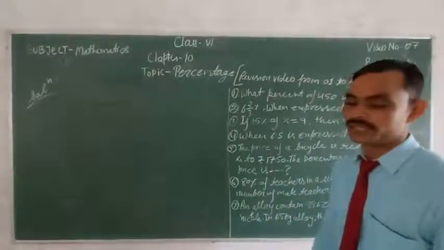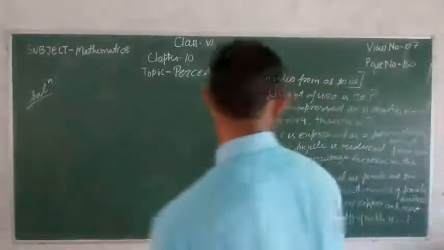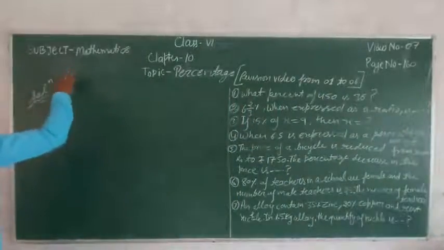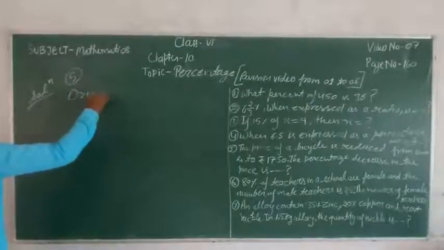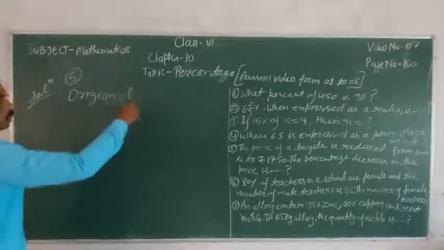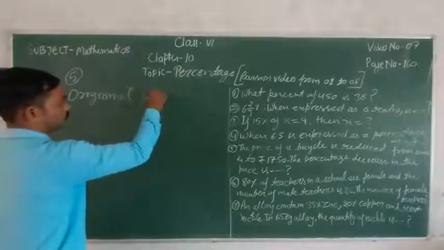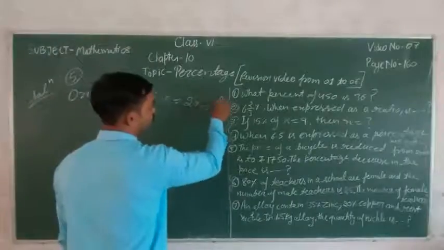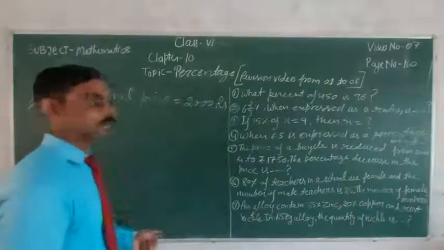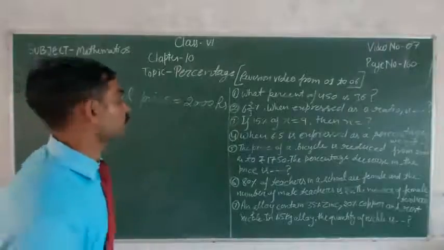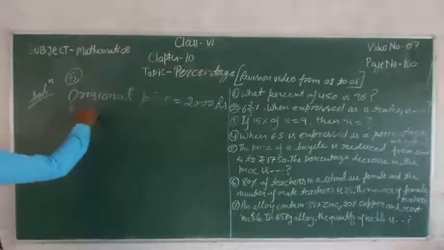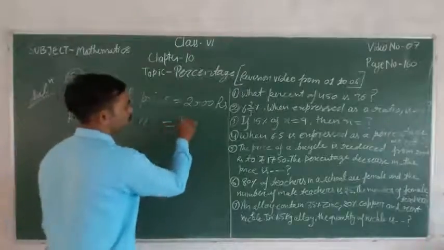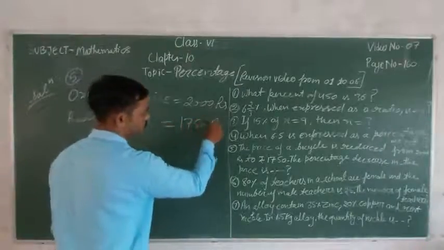So how will we do this? Look here, this is the fifth one. Original price is equal to 2000 rupees. After that, reduced price, that is 1750 rupees.